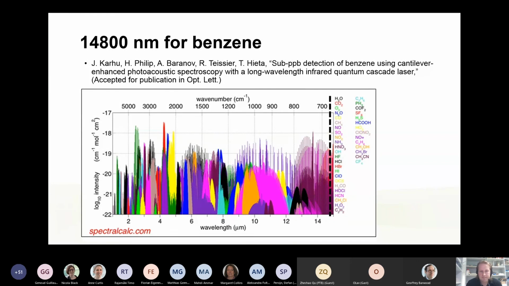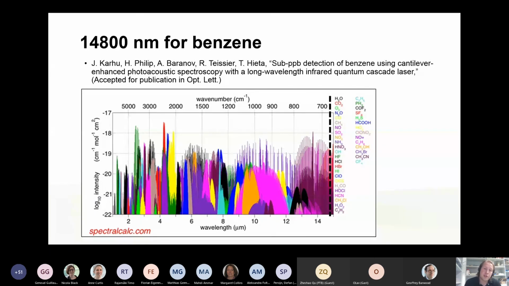This region is much more exotic than many other regions, and there are not really many light sources that can emit at these wavelengths. We were quite fortunate to be working with the University of Montpellier to get their experimental QCLs operating at these wavelengths. They could actually go a bit higher, I think, all the way to almost 20 micrometers with their technology.